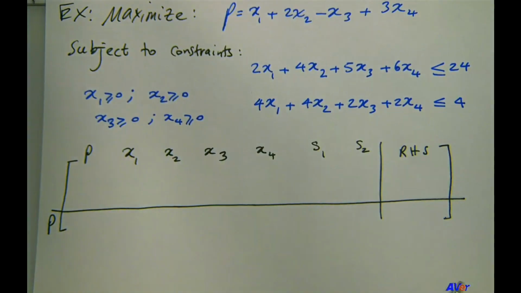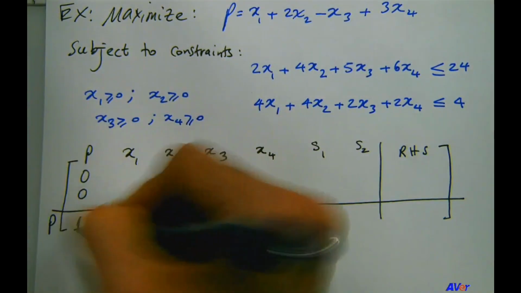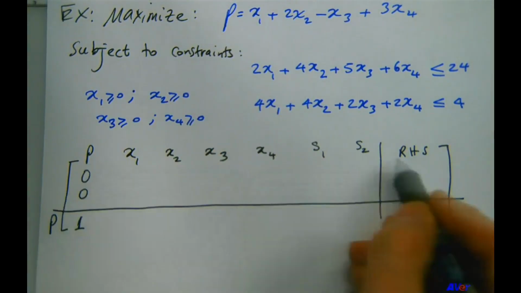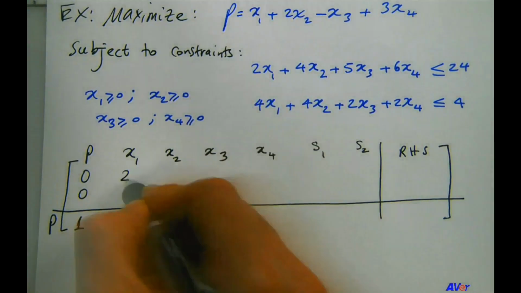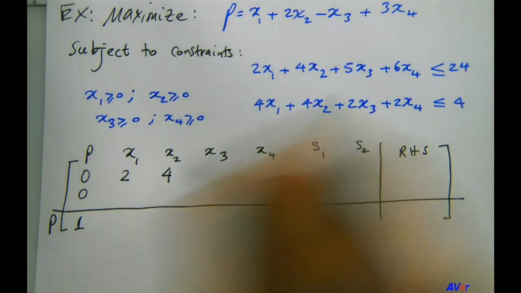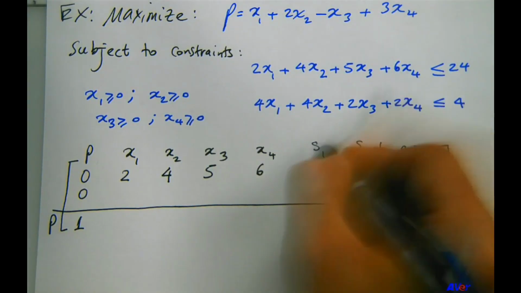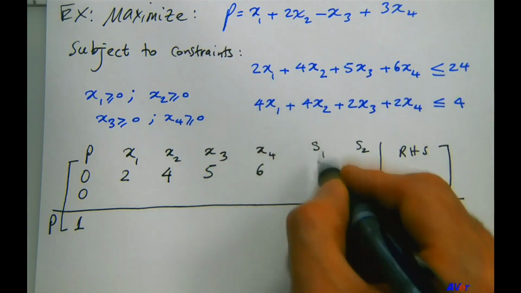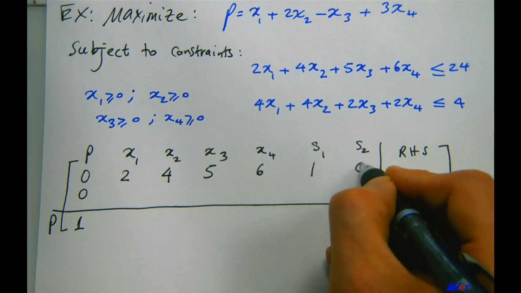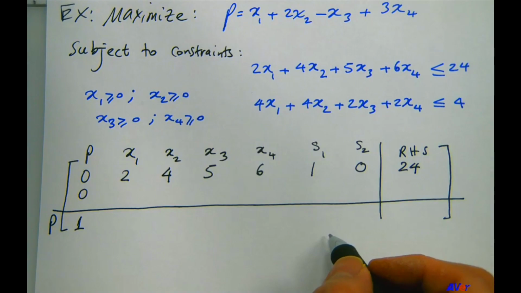Okay, all right, so the first column here is 0, 0, 1. And the first row gets these coefficients, so 2, 4, 5, 6. S1 gets to convert the first constraint inequality to an equality, so 1 and then 0 here, and 24 ends up in the right-hand side column.